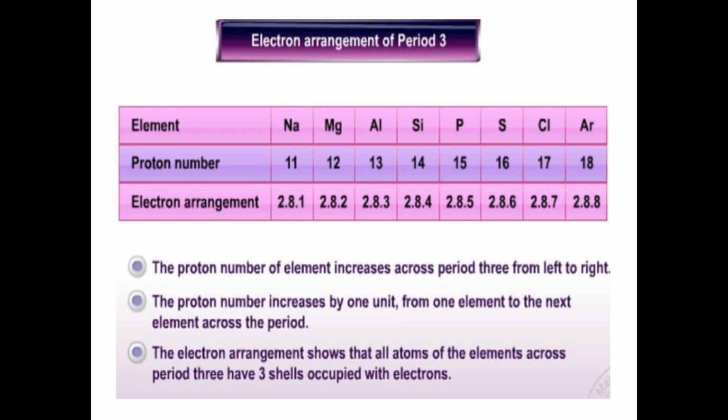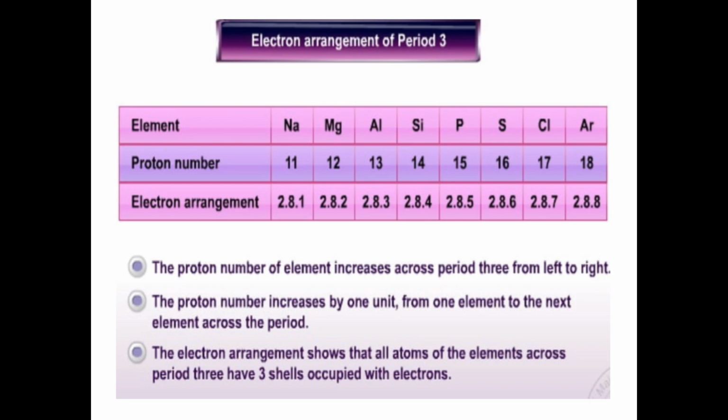You will see that for the proton number, you have sodium 11, magnesium 12, aluminium 13, silicon 14, phosphorus 15, sulfur 16, chlorine 17, argon 18. Those are their proton numbers. And the proton number can also be known as the atomic number. So this is their atomic number.